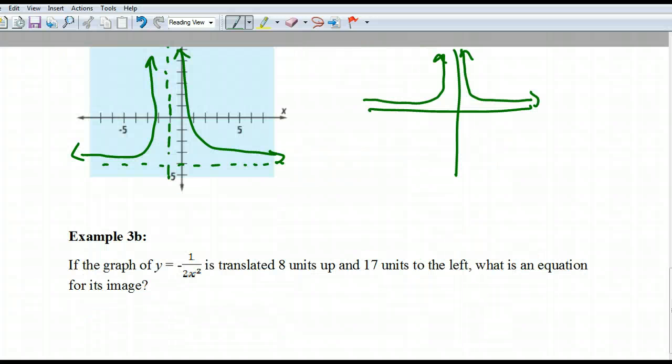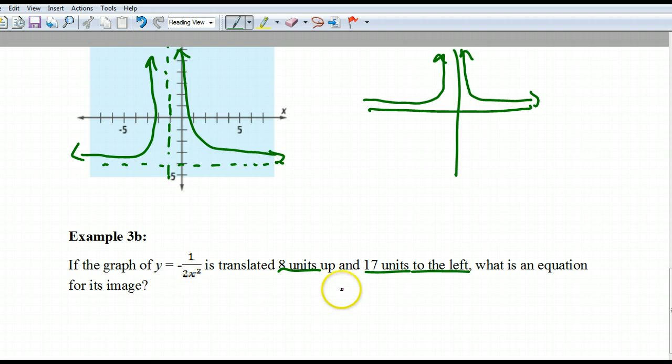on this one it says, if the graph of y equals 1 over negative 2x squared is translated 8 units up and 16 units to the left, what is the equation? So the x is going to move how far? Yep.